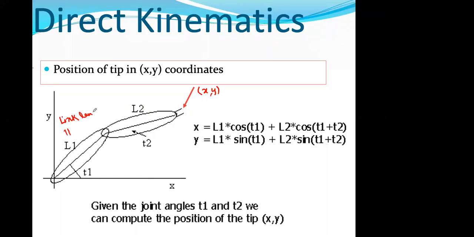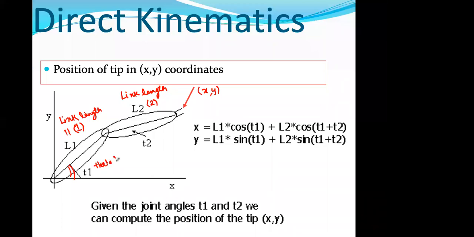This is the link length 1, and this is the link length 2. And what is the angle? This angle is your theta 1.